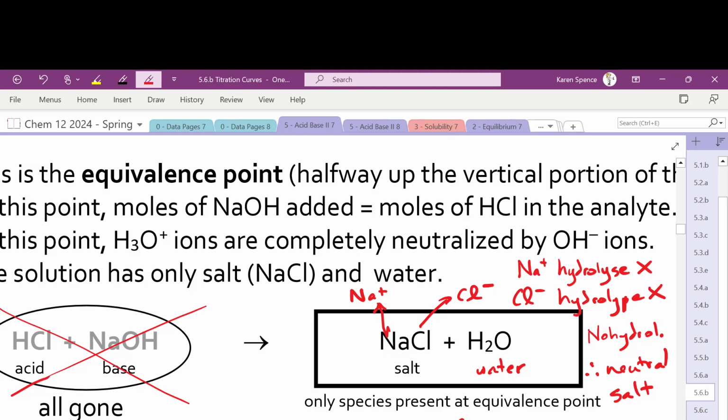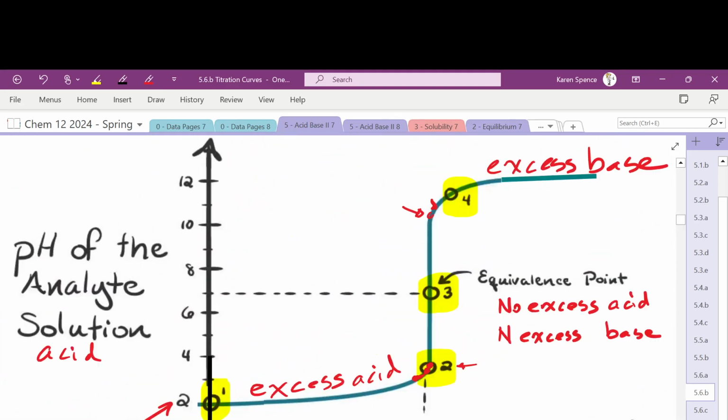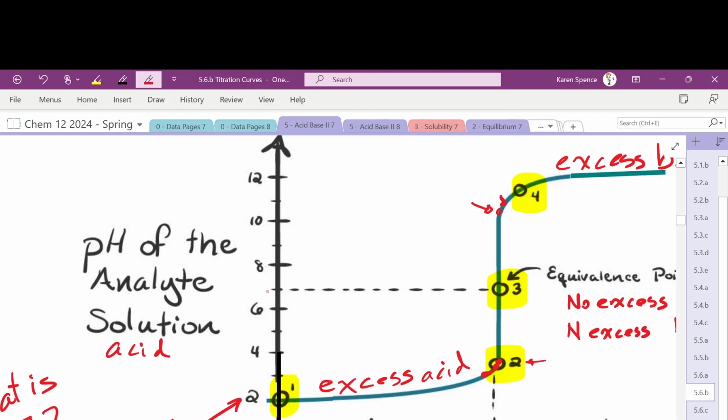Therefore, the pH is 7. So if you react a strong acid and a strong base, you're going to get a salt that does not hydrolyze. Okay? Strong acid plus strong base will give you a neutral salt. And that's why, if we go back up here, what's the pH at the equivalence point?